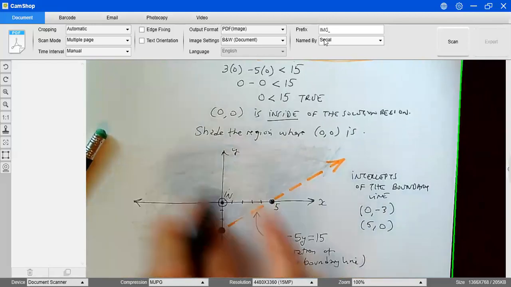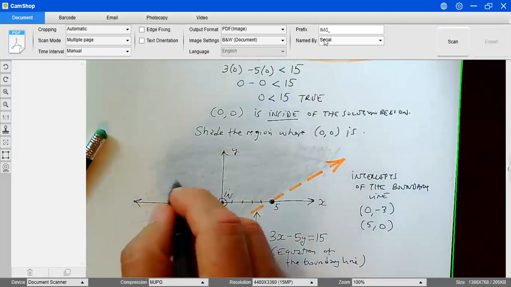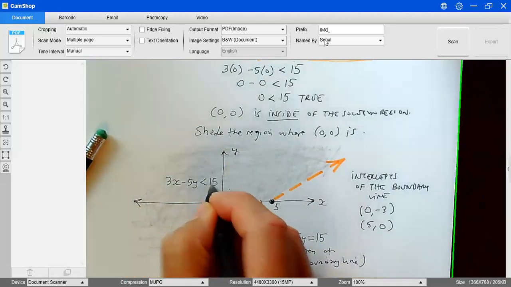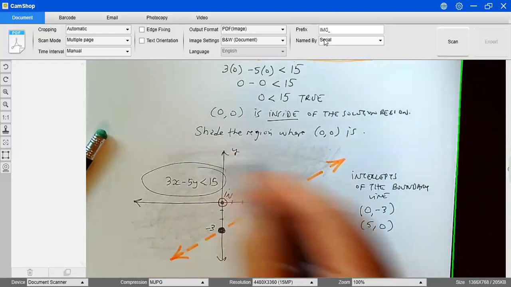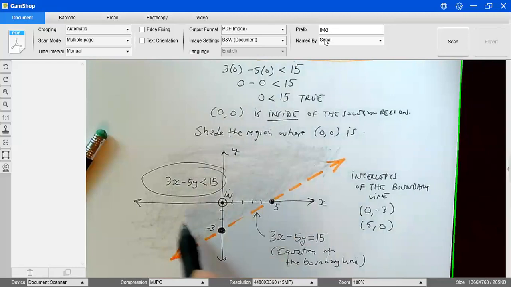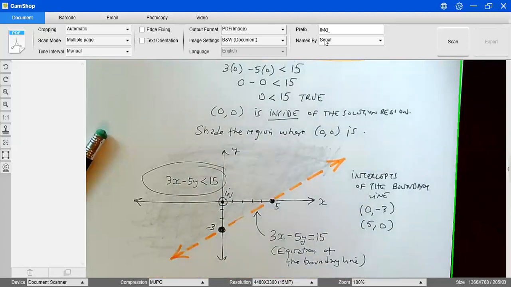And since this is the solution region, you can use right here 3x minus 5y less than 15. Everything in this area satisfies it. You can check any point here, and that point is going to satisfy this linear inequality.